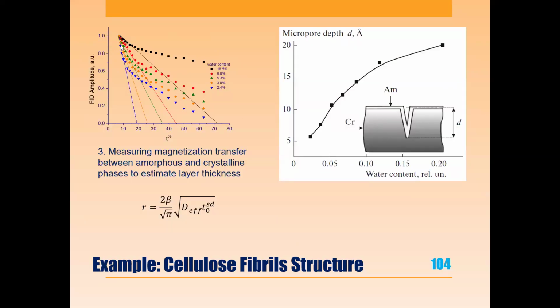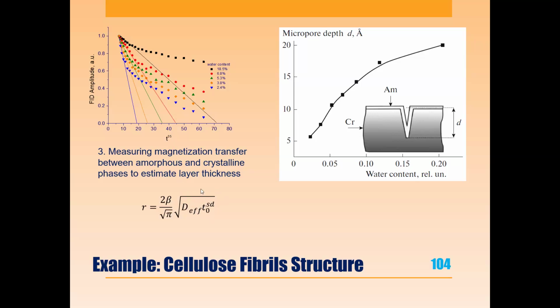And the way we lose the magnetization can be plotted versus the square root of the spin diffusion time. That is the technique used, so-called t to the power of 0.5.